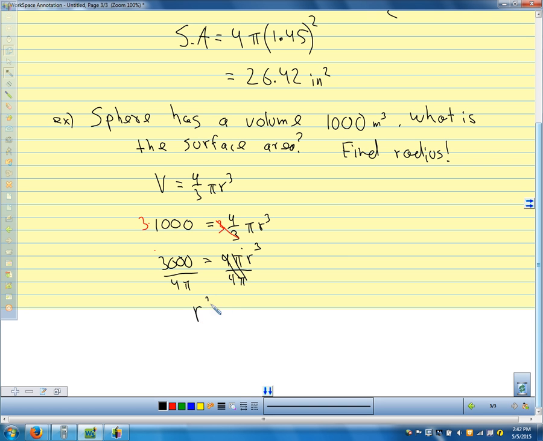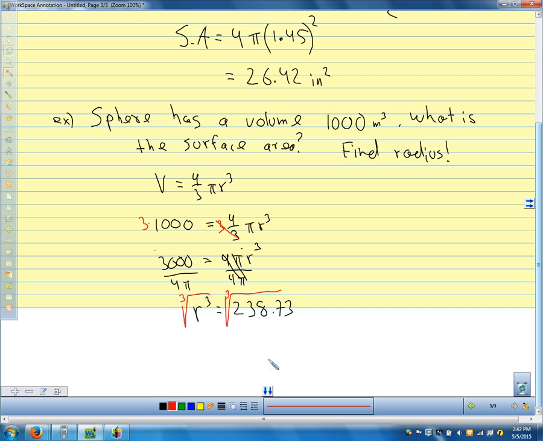So r cubed equals 238.73. How do I undo this cube? We square root to undo a square, so to undo a cube, we cube root it. And a cube root looks like this.